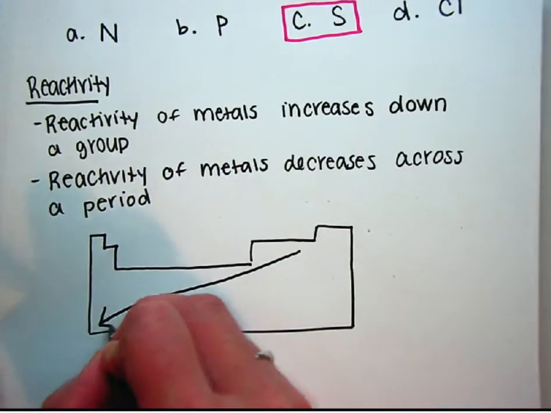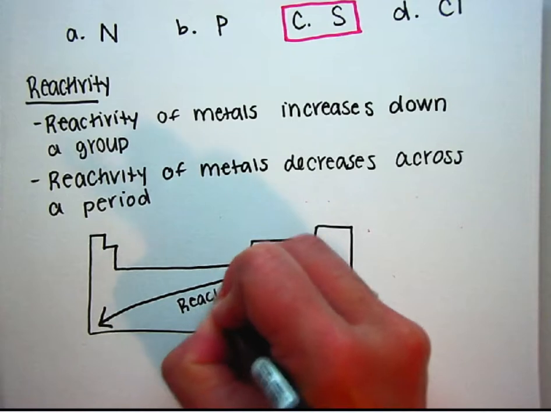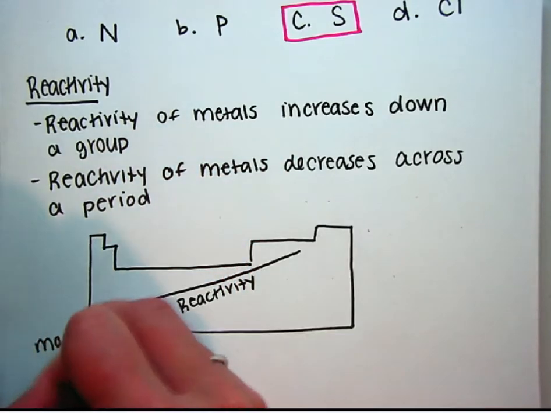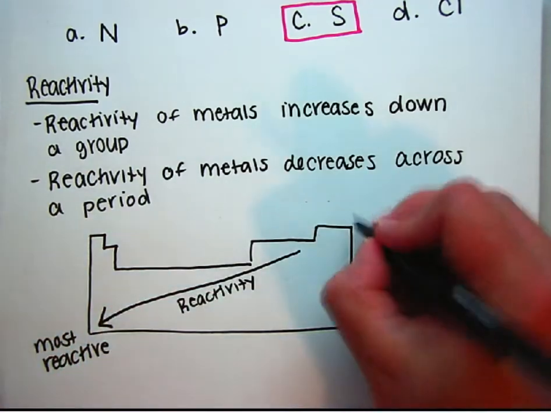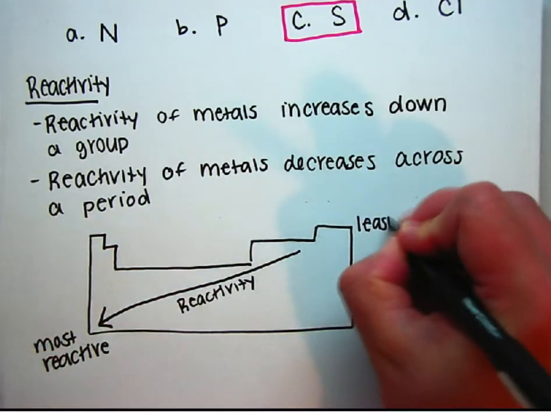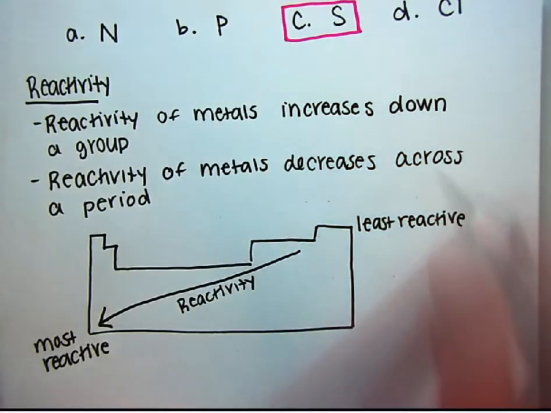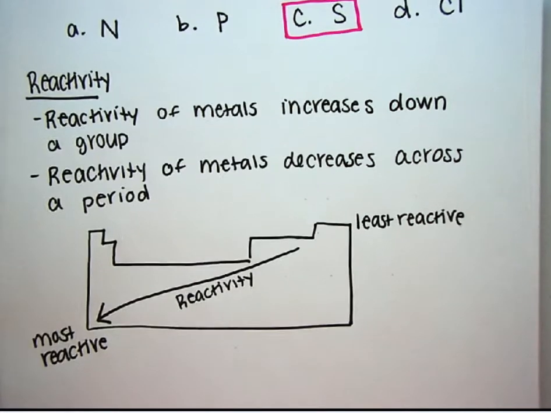So this is my trend for reactivity. The most reactive elements will be down and to the left. The least reactive elements will be to the up and to the right. And this is for metals specifically.